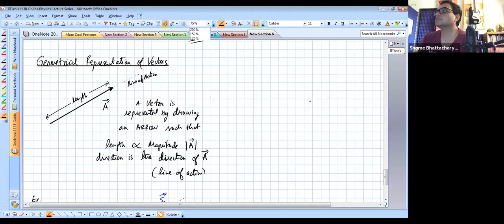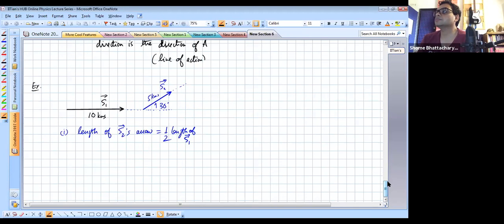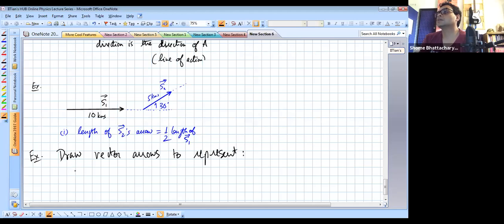Okay. So based on this, I asked you to draw vector arrows to represent the following. The vector E, which is 20 units towards east.